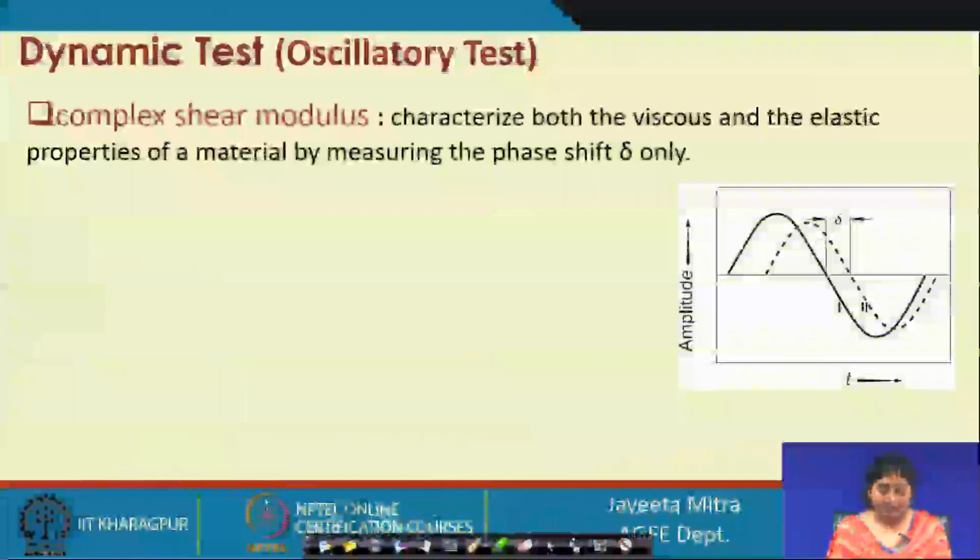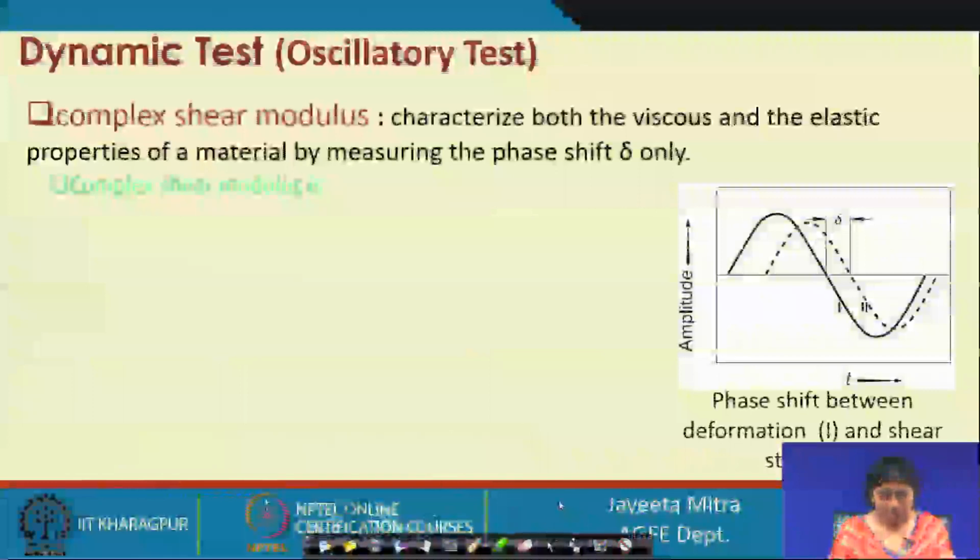In the case of a viscoelastic material, we do not have a fixed modulus like the modulus of elasticity we have in the case of the ideal elastic material. So, we introduce a complex shear modulus, that is G star equal to G prime plus G double prime.